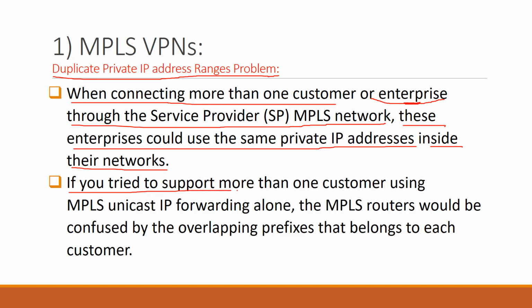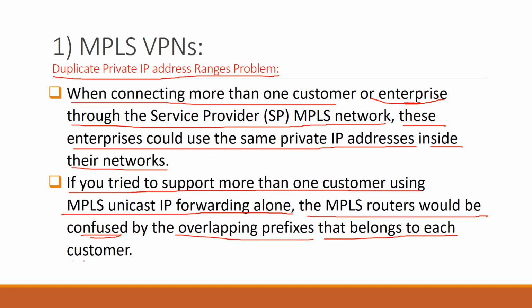So if you try to support more than one customer using MPLS unicast IP forwarding alone, the MPLS routers would be confused. Why? Because they will receive overlapped prefixes that belong to each customer. So the provider edges will be confused about which route belongs to which customer, if it chooses only the MPLS unicast IP forwarding.